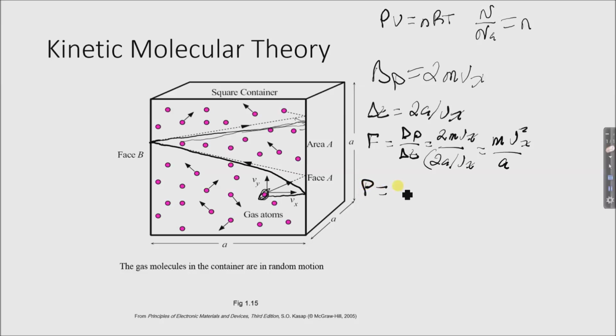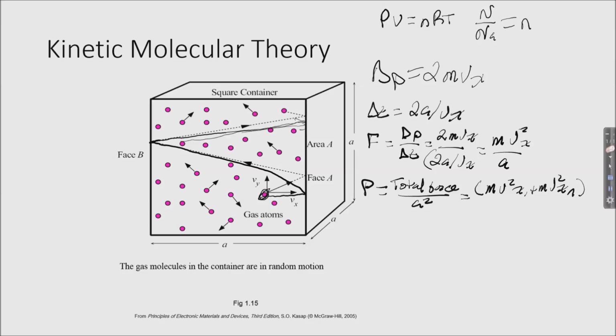So P equals total force over area, which is a squared. So that equates to the summation of all the molecules traveling in the x direction. Don't get too hung up by the notation used in the book. The book doesn't use a summation sign.